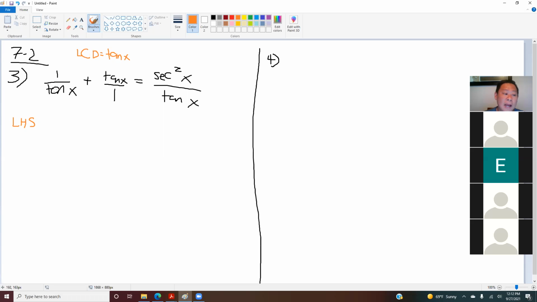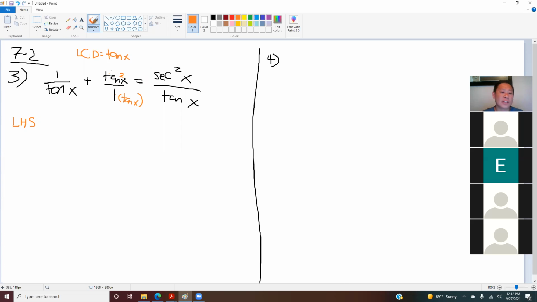We do not need to multiply on the left side because this one already has tangent x. So what do we need to multiply on the right, the second term here? We have to multiply this by tangent x, right? And when you multiply this by tangent x, you also have to multiply the top one by tangent x.